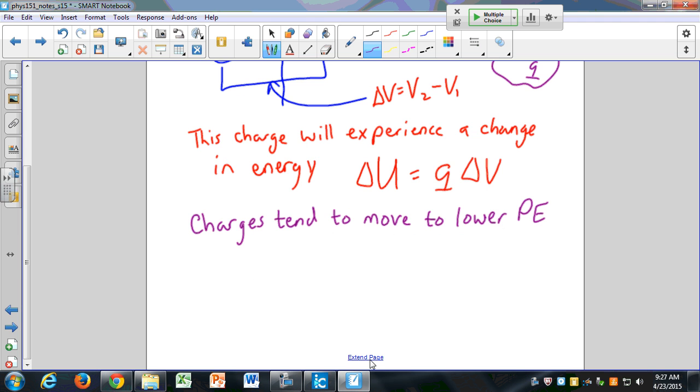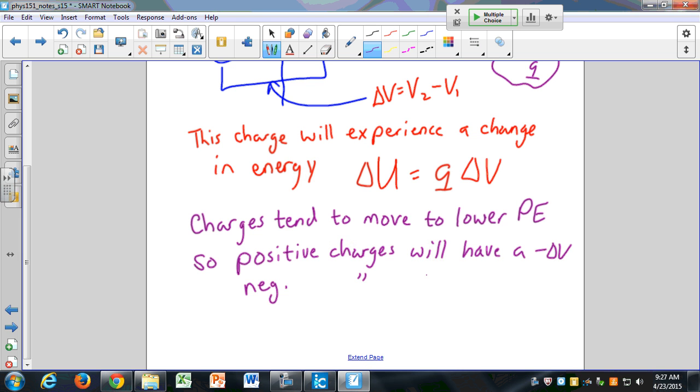So positive charges will have a negative delta V, and negative charges will have a positive delta V. Let me show you.